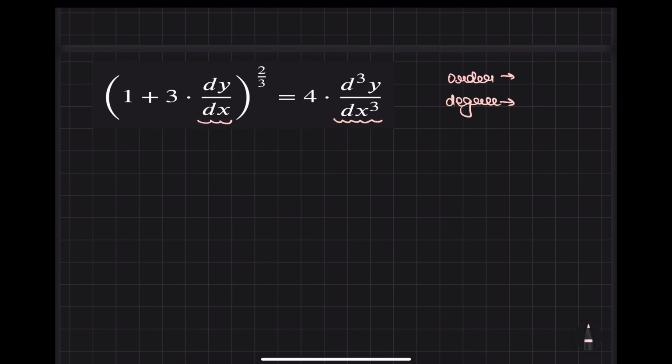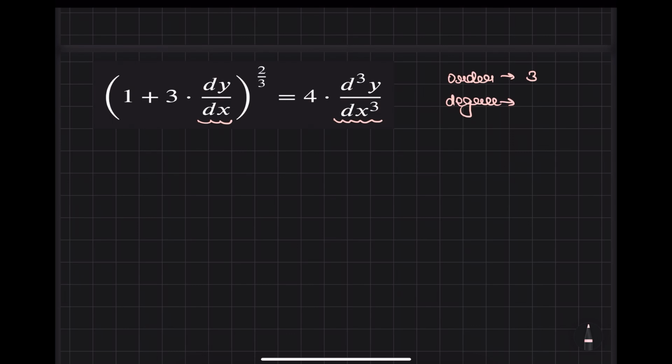Directly you observe the differentials, and the highest order of differential will define the order. So the highest is 3, so order is 3. Now for degree you have to convert it into polynomial form, meaning we have to get rid of this power. The power should be a whole number.